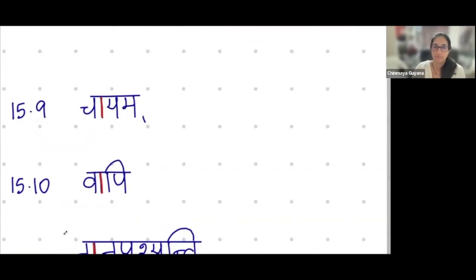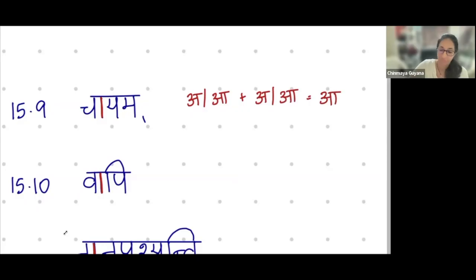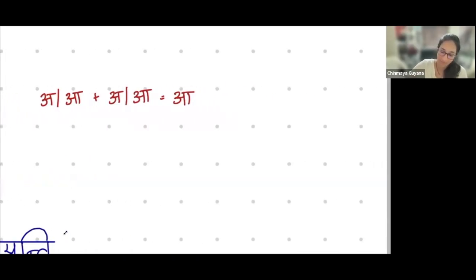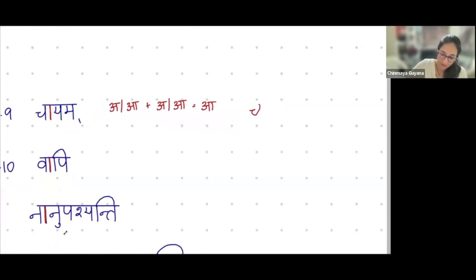Cāyam. This sounds like chai is yum. Okay, cāyam. A or ā plus a or ā equals ā. So the ā sandhi is going to come from ca, and the next word is either ayam or āyam.